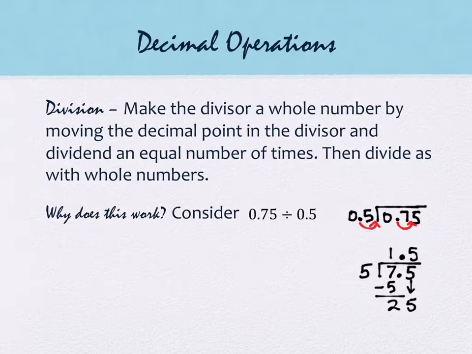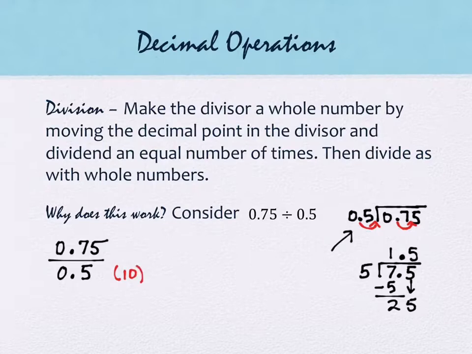But again, let's talk about why that would work. So I'm going to take this and write it as a fraction, like this. Okay, so I have 75 hundredths divided by 5 tenths. And in essence, when I move the decimal point over in this algorithm, what I'm really doing is multiplying by 10.